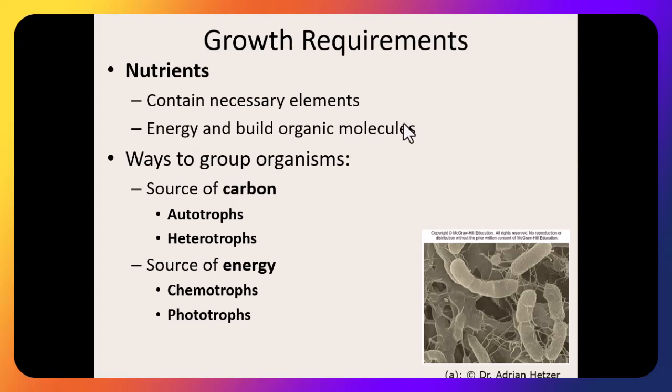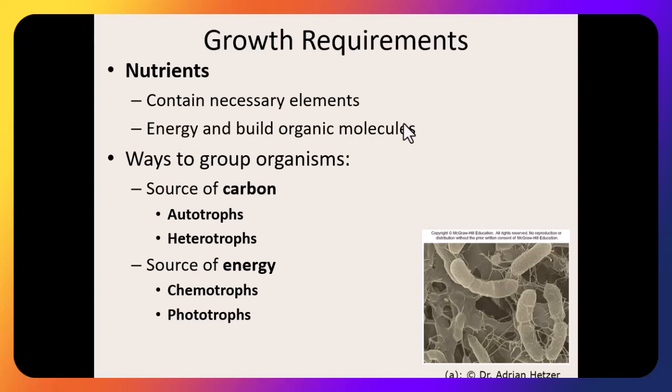Now, growth requirements, things that organisms need to grow, bacteria specifically. They need nutrients, so they need elements right off the periodic table, just like we do too. And they need energy to be able to put everything together, to make whatever molecules they need.